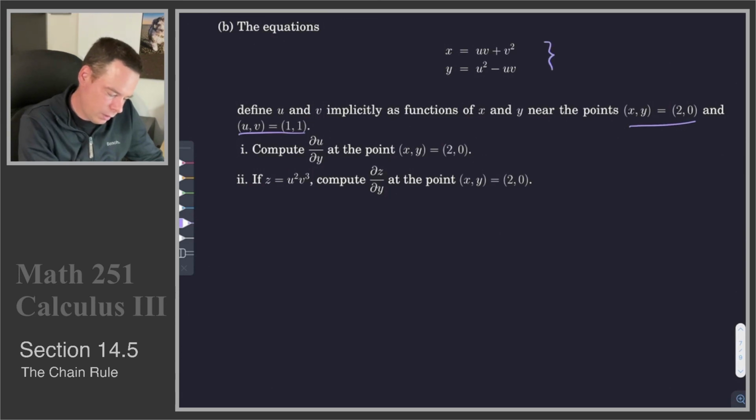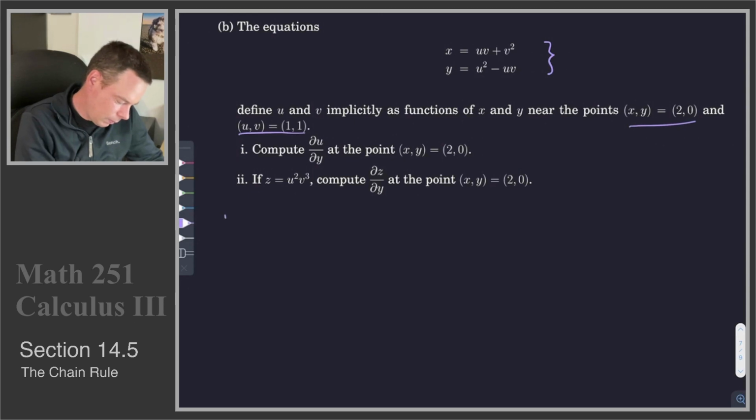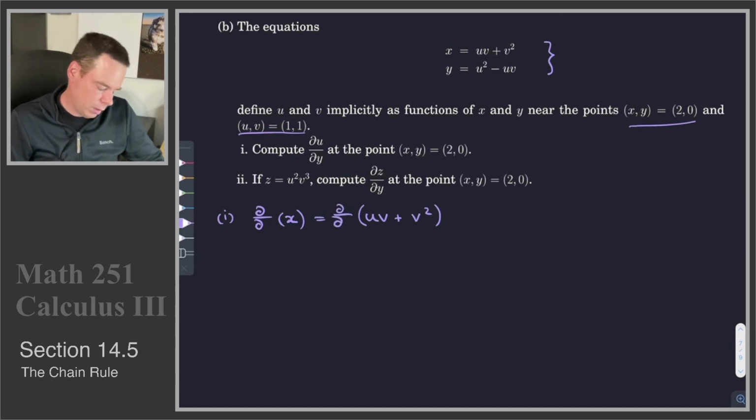Well, the key thing is we only have these two equations to work with. So what we're going to do is we're just going to take that equation. I'll leave a little bit of space because I'm going to do something to these two things. I'm going to take that equation and I'm going to differentiate through with respect to, well, what variable do I want to differentiate with respect to?